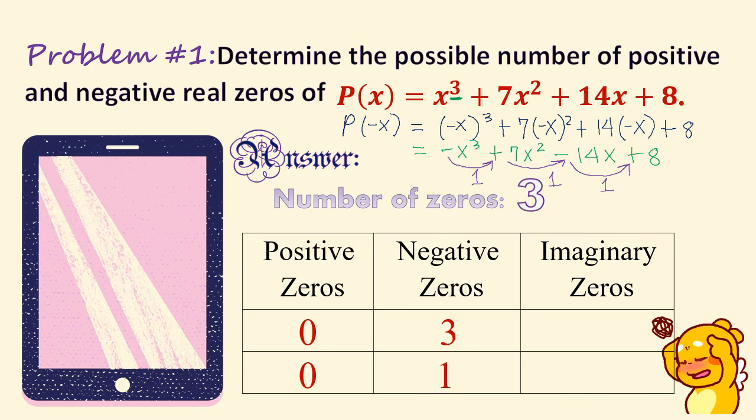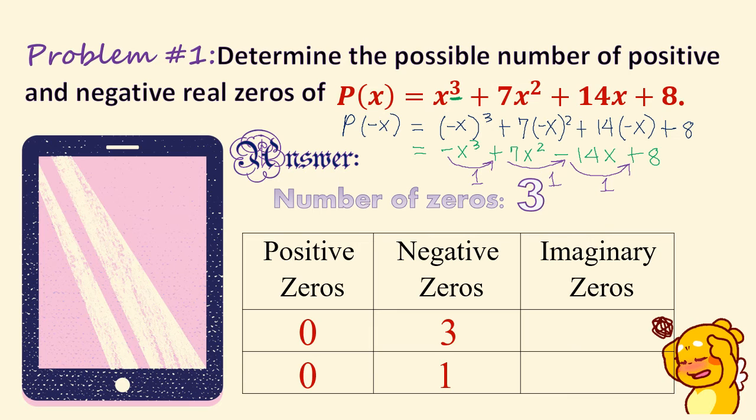So we may have either 3 negative zeros or 1 negative zero. Can we continue the process? 1, then we will deduct again by 2, and we will have negative 1. So it's negative, so it doesn't make sense. So you just end with 1.